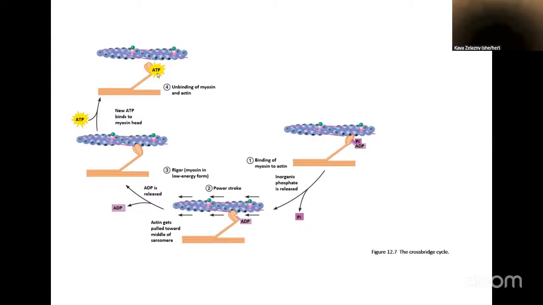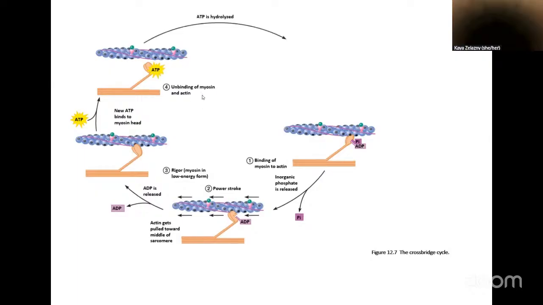Now, because there was a change in what's bound to the myosin, it changes shape a little bit, and this ends up making it let go of the actin. So here we see that the myosin and actin have unbound, right? The myosin let go of the actin for right now, right? And it's occupied with this ATP in its ATPase site.